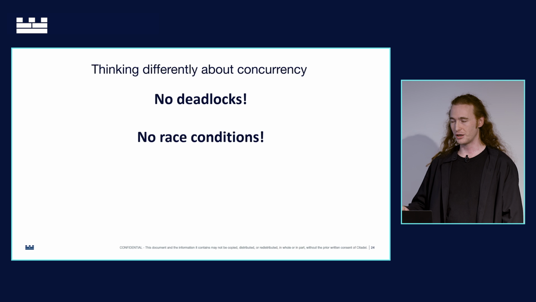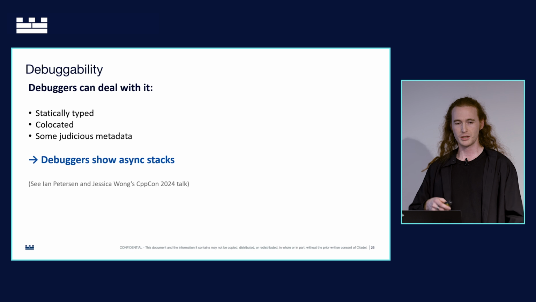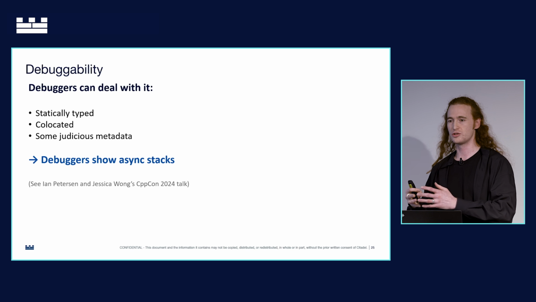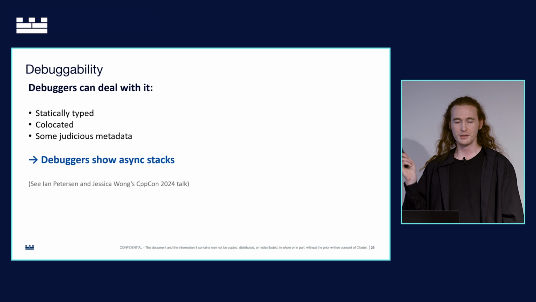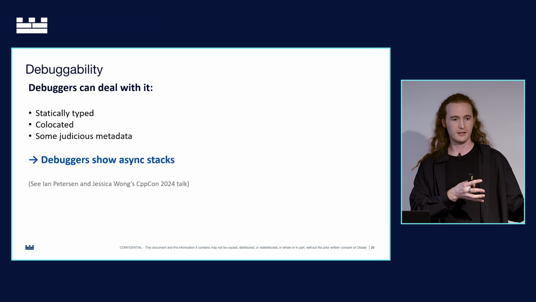So thinking differently about concurrency, this is structured, which means no deadlocks and no race conditions. All of this stuff, and by the way, all the algorithms I showed today on slides are in my library completely wait-free, which is great. No mutexes even in the implementation, because the structure gives you the ability to just not need them. Debuggers can deal with it really well. Why? Because all of the stuff is co-located and it's just structs.